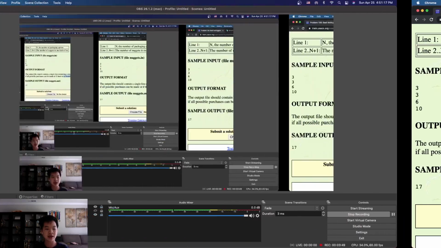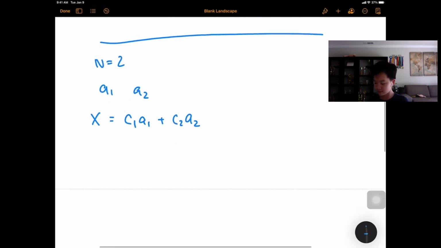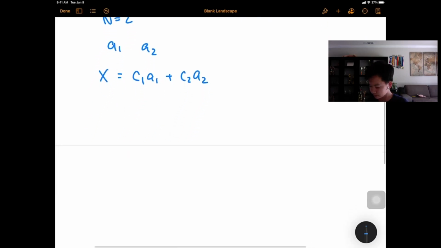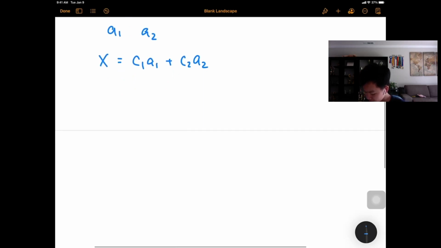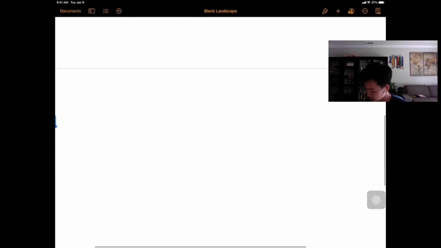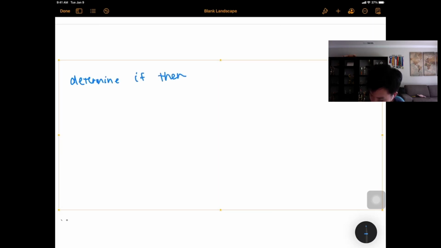So the first thing that we're going to do is eliminate this case. So we want to determine if there is no bound.